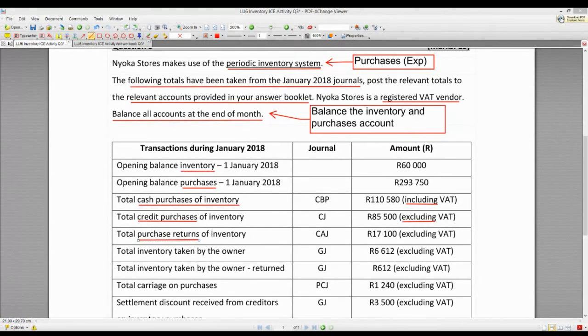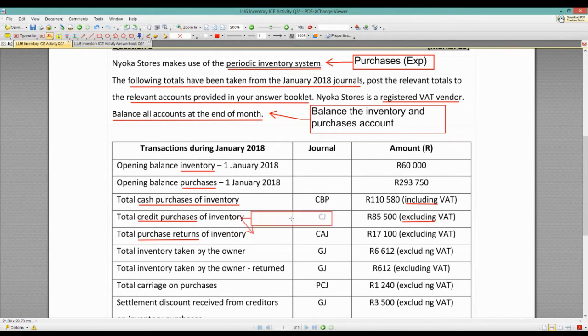Okay, so the answer is actually no. For this one, we will not show the purchase returns in our purchases account. The reason for that being, in the periodic inventory system, we account for each expense or return separately. So each one has their own account. We would have a purchases return account, a separate general ledger account where we would account for it. So that transaction would not appear in our purchases.